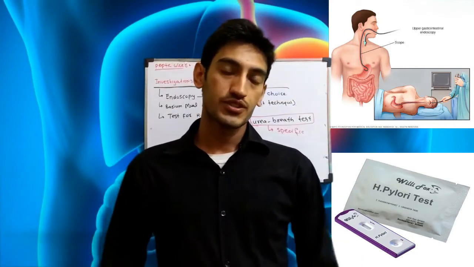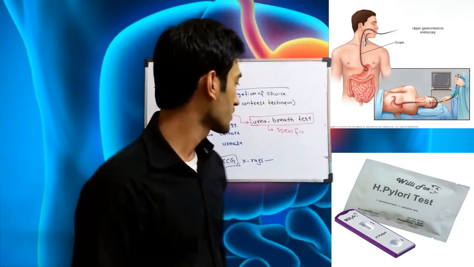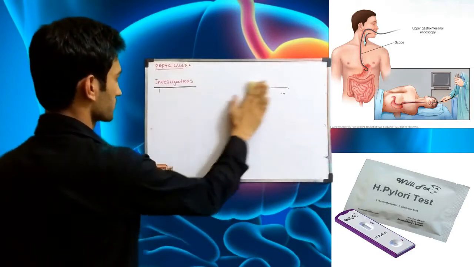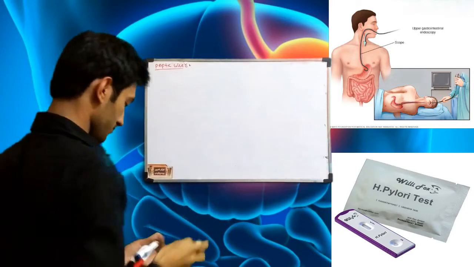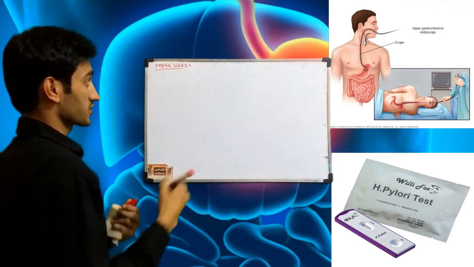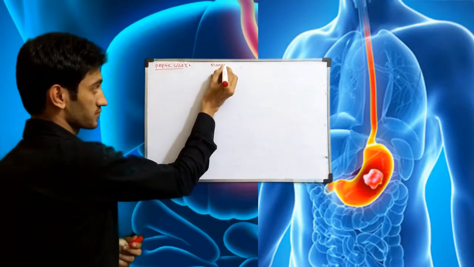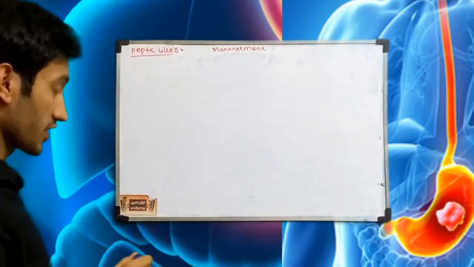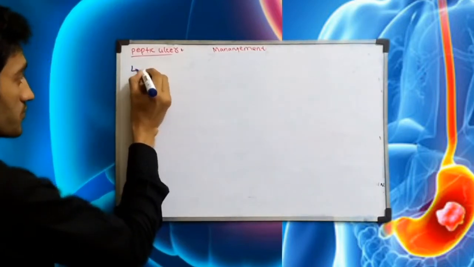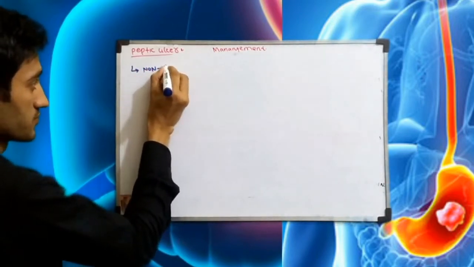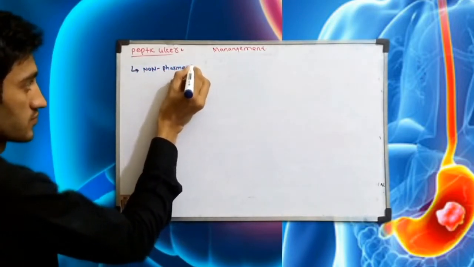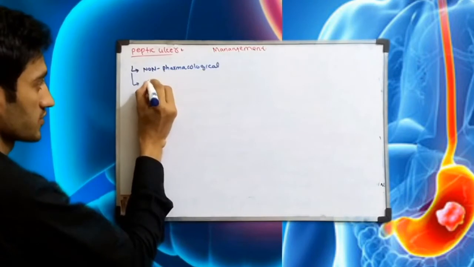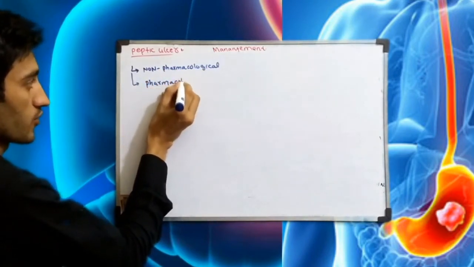So now we will talk about the management of peptic ulcer. Management of peptic ulcer is categorized into two: non-pharmacological and second one is pharmacological.